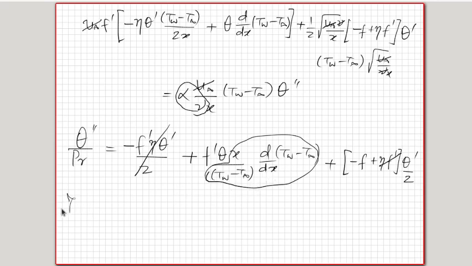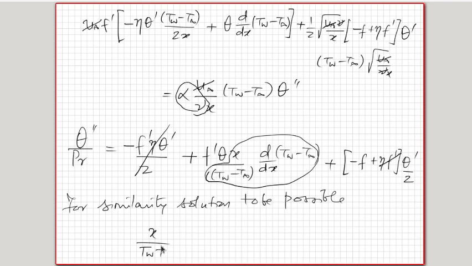So for similarity solution to be possible, this thing in the circle has to be a constant, which is x by t wall minus t infinity into d by dx of t wall minus t infinity should be equal to some constant m.